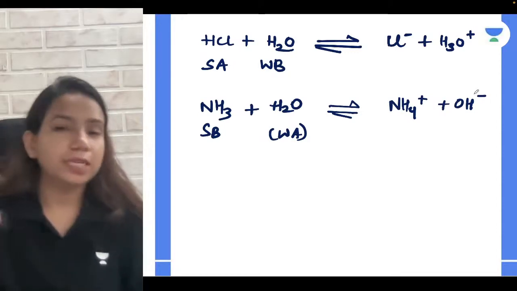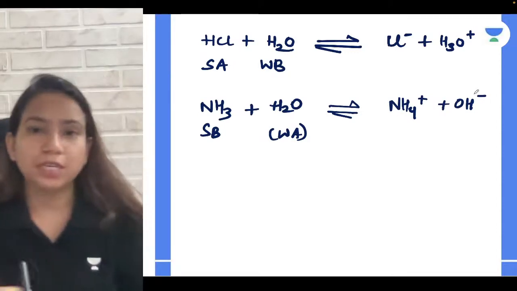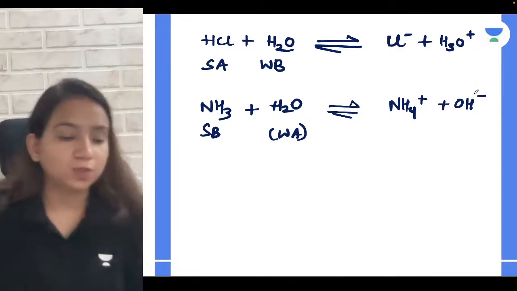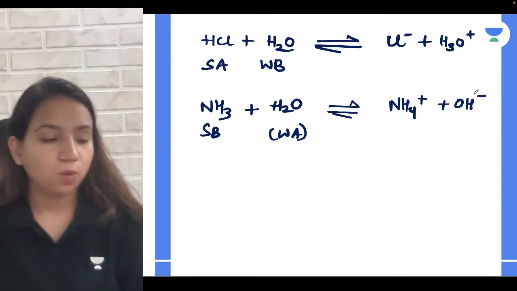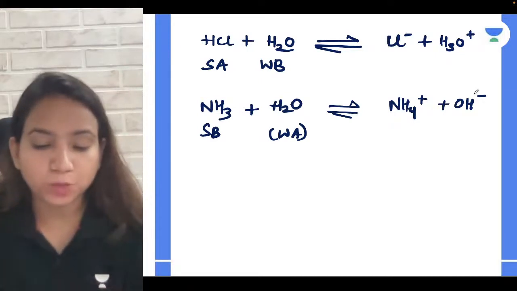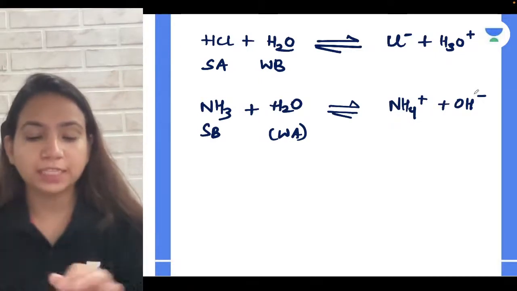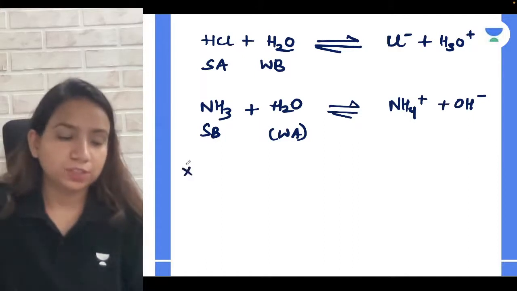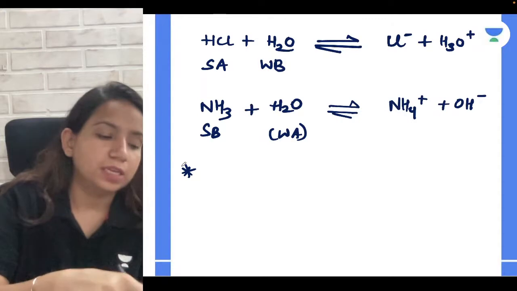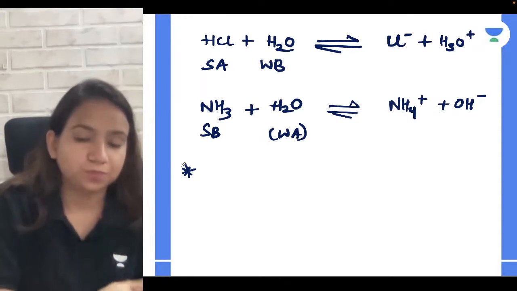Now talking about the next thing, suppose you have an acid or base which you are reacting with water, what will be the relationship between the dissociation constants of an acid and a base? Let's discuss that. It's a small thing, but important. Let's quickly relate with it.